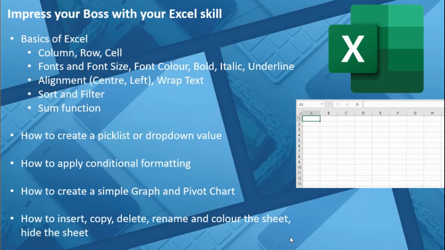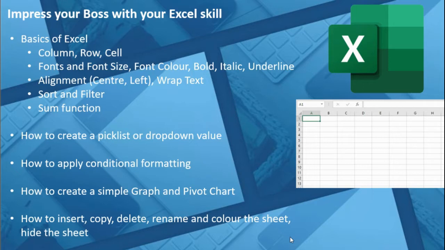We'll see what are columns, rows, and cells, how to change the fonts, font size, font color, how to make the font bold, italic, and how to underline the font.